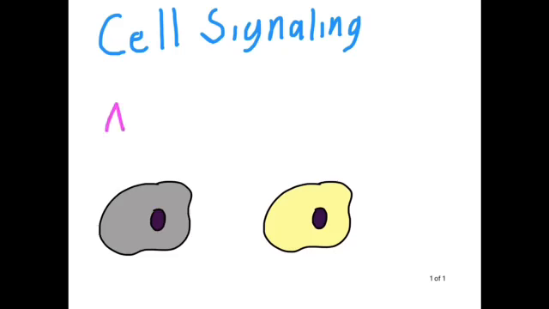An example of this is the protein noggin, which induces mesenchymal stem cells, or MSCs, to become adipocytes.